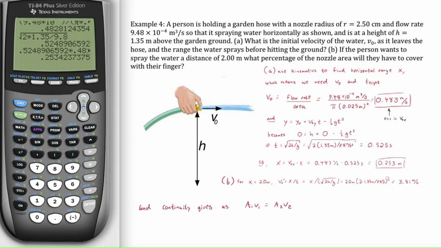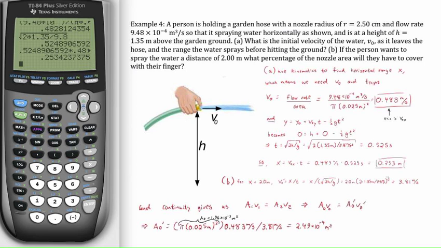I'm going to write that in terms of the notation of this problem: A naught V naught equals A naught prime V naught prime, because we already used V naught prime as the new initial velocity, so we need the new cross-sectional area of the hose, and this was what it was originally.